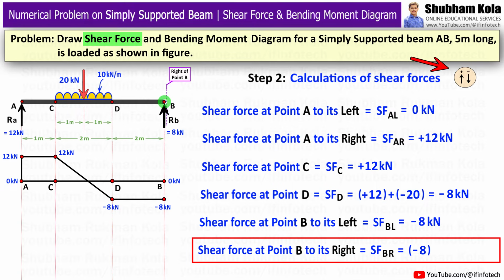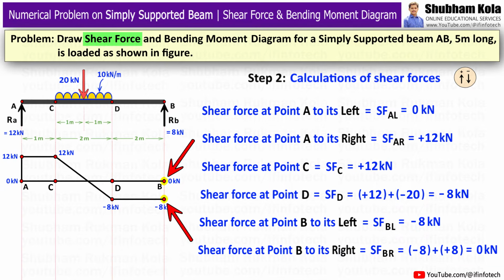So as per the sign convention, I will consider upward forces as positive. So here I will add this upward force with positive sign. So here minus 8 kilonewton plus 8 kilonewton gives me the value of shear force at 0 kilonewton. So I will mark this point of 0 kilonewton shear force on the reference line, and I will connect these 2 points with vertical line.